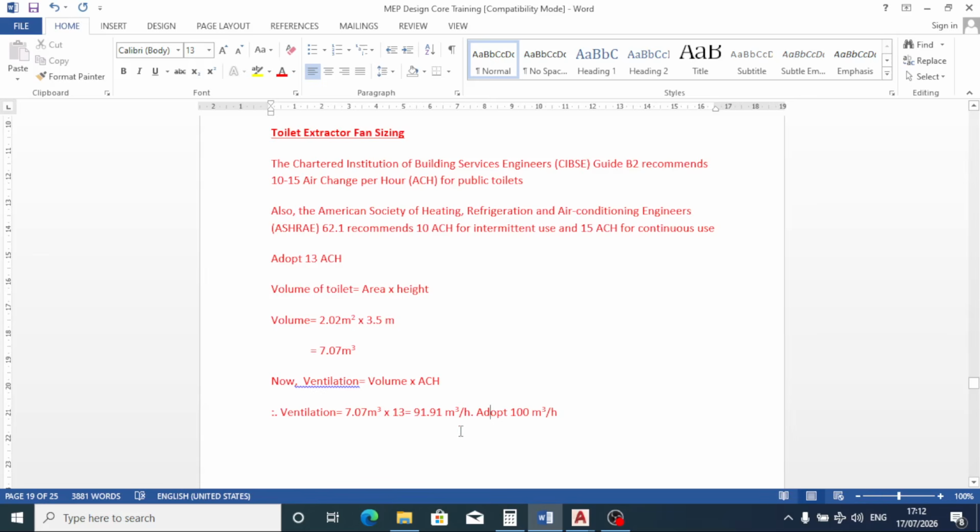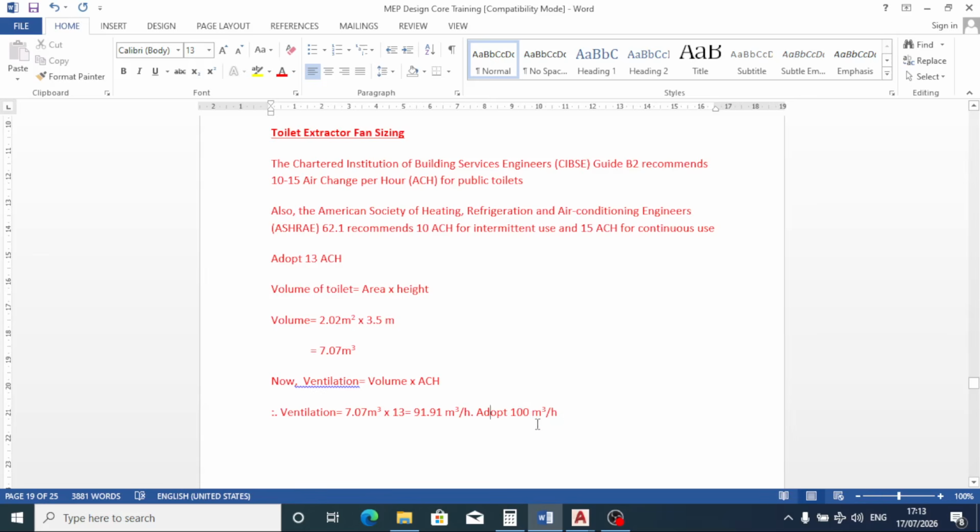Now this is telling us that this fan is supposed to remove 13 batches of air in 1 hour, and the combination of these batches is going to give us a total volume of 100 meter cube.